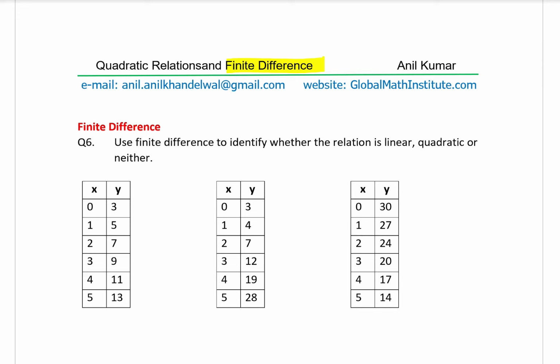So what you know about finite difference is that for linear relations, the first finite difference is constant.